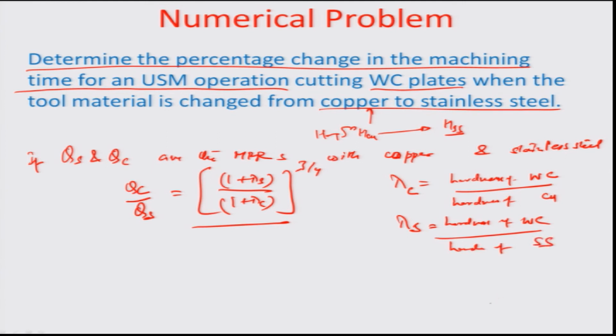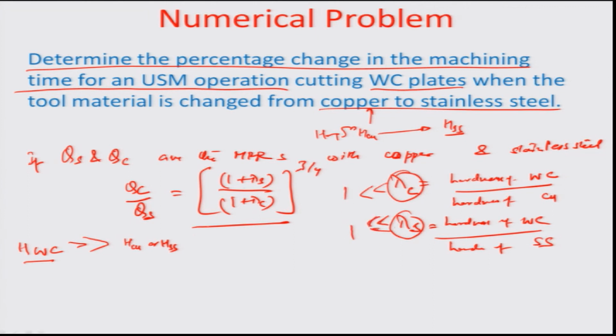So if we look at WC, it is much harder. The hardness of WC is much greater in comparison to either copper or stainless steel. And so this ratio, lambda c or lambda s, is much greater in comparison to 1.